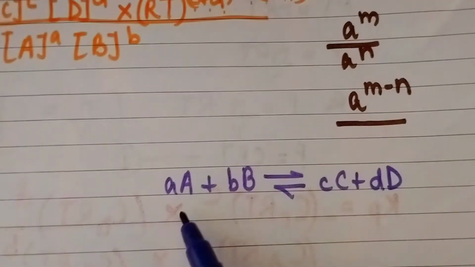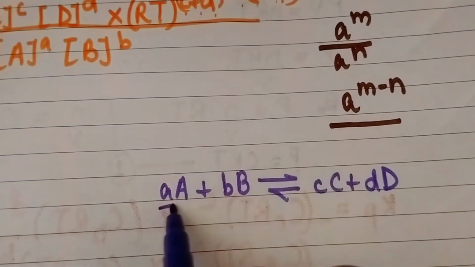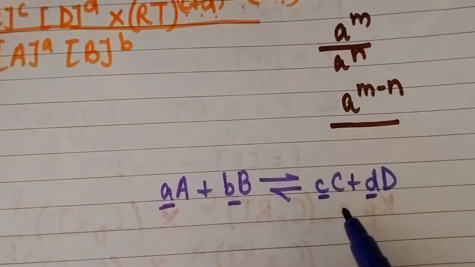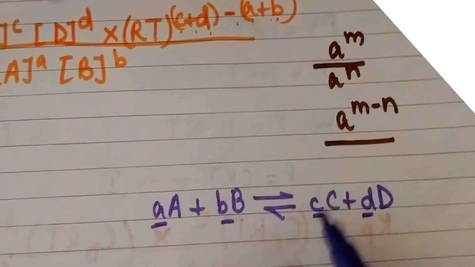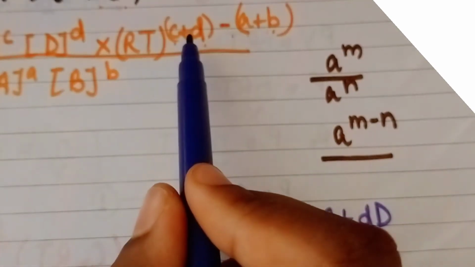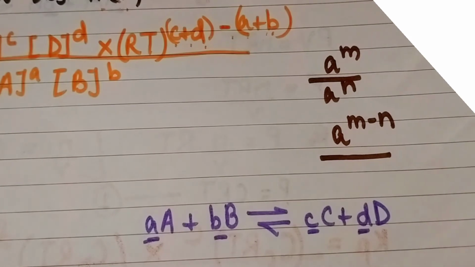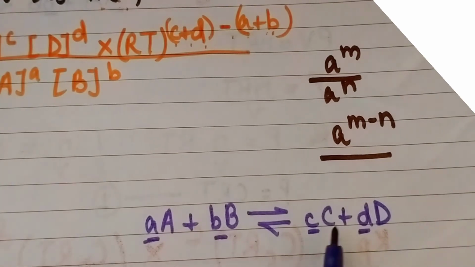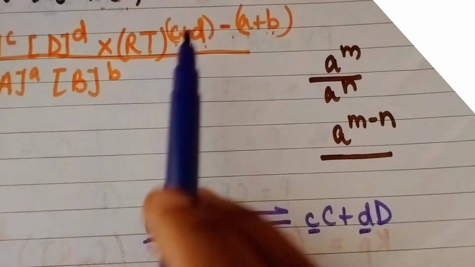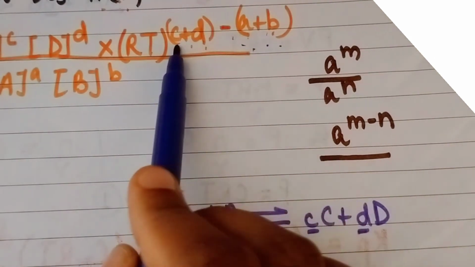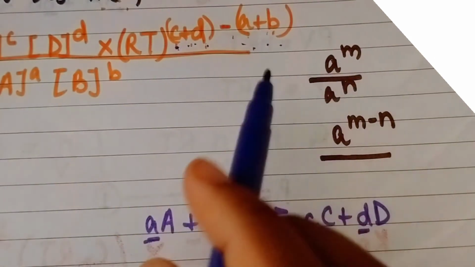So in here, as we all know, the stoichiometric coefficients give the number of moles of the reactants or the products. Okay, so in here, C plus D means the stoichiometric coefficients of our products. So when we are subtracting the number of moles of reactants from the number of moles of products, what will we get?